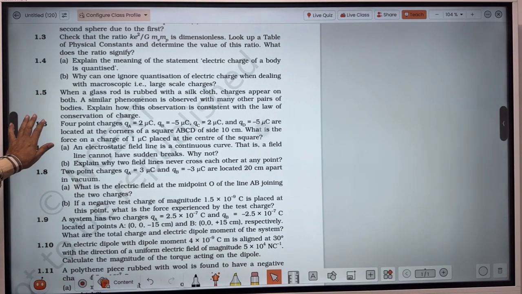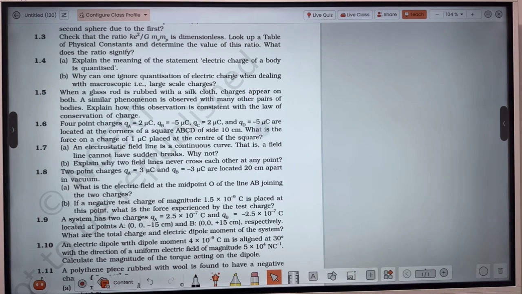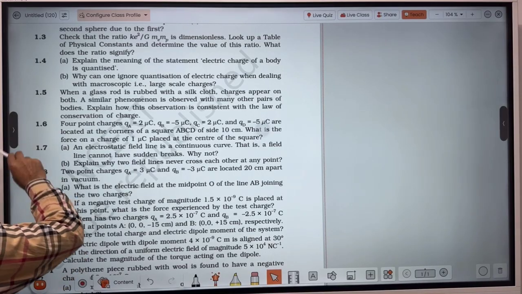Next question is, four point charges qA, qB, qC and qD are located at the corners of a square ABCD of side 10 cm. What is the force on a charge of 1 microcoulomb placed at the center of the square? So let's see how to calculate it.